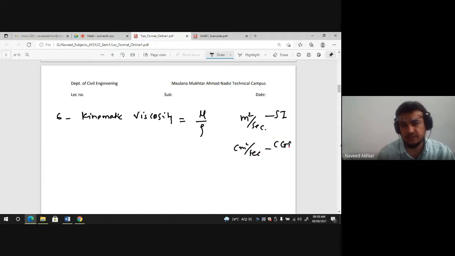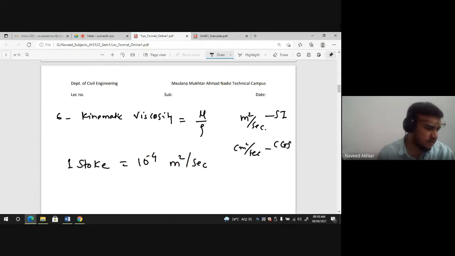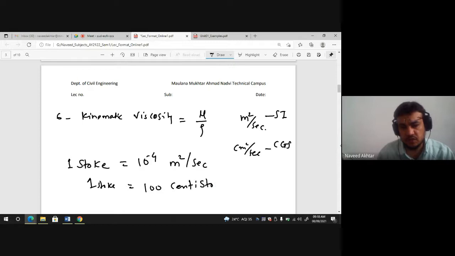It is measured in the stokes. One stokes is equal to 10 raised to minus 4 meter square per second, and one stokes is equal to 100 centistokes.